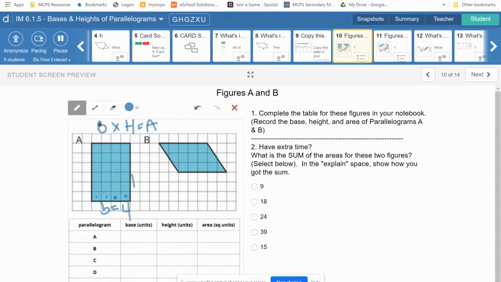And my height is going to be 1, 2, 3, 4, 5, 6. Okay, so the base was 4. The height was 6. Remember, we're multiplying. And the area is 24 square units.